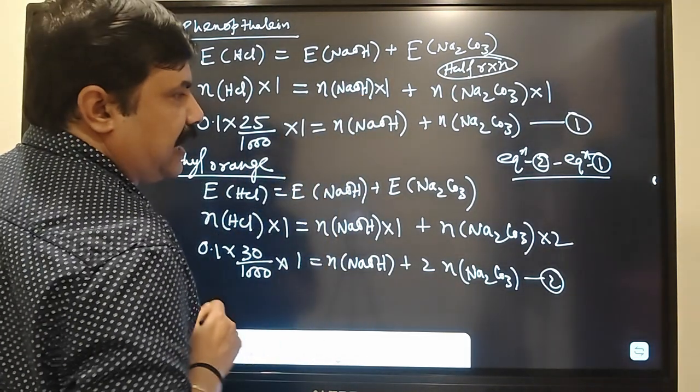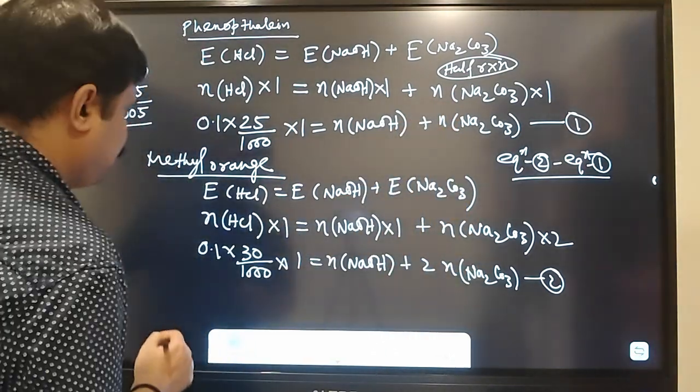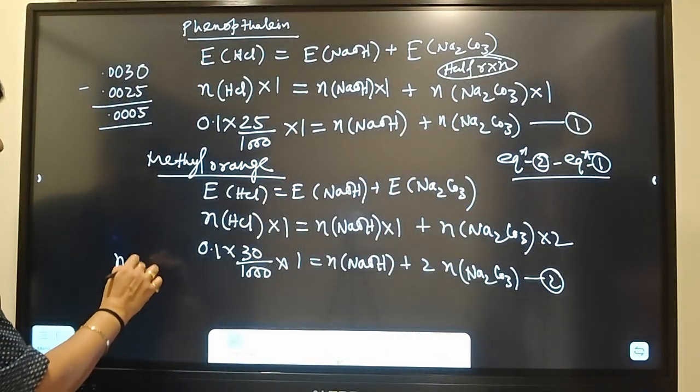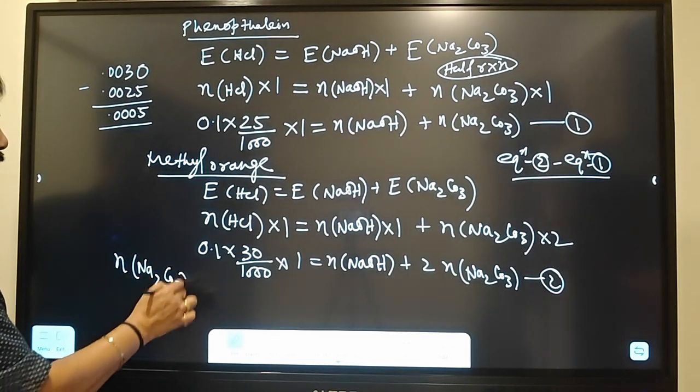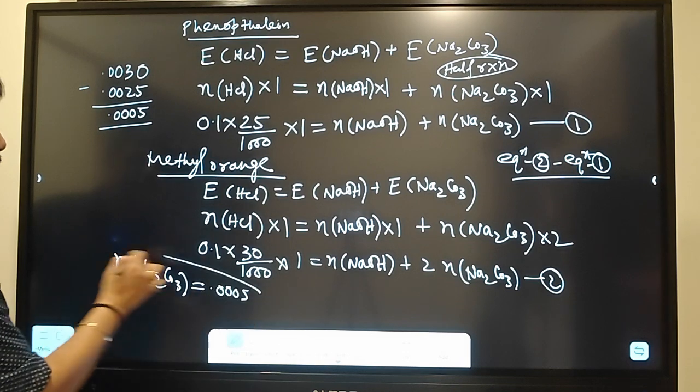So this will be your answer on this side, and on the other side, NaOH and NaOH will cancel, and then 2 moles of Na2CO3 minus 1 mole of Na2CO3, so the number of moles of Na2CO3 will be equal to 0.0005. This is what we are getting.